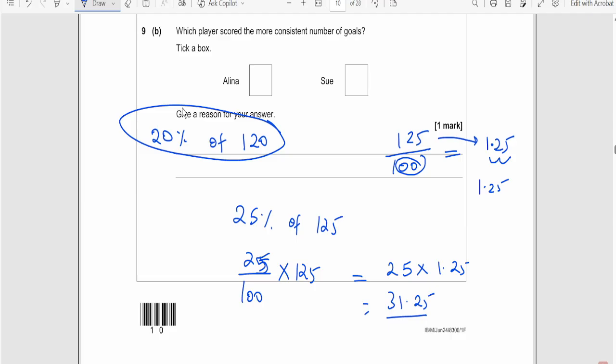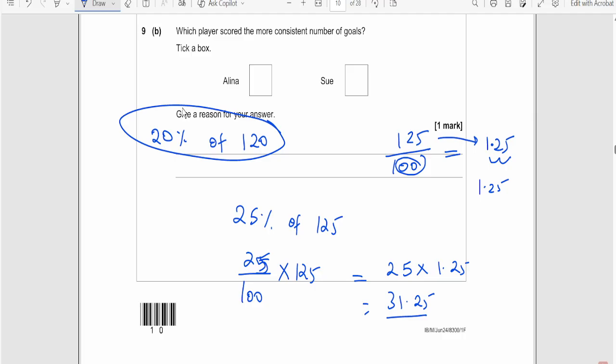Is it 1.40? 1 point 40. No. How did you do it? Can you explain?